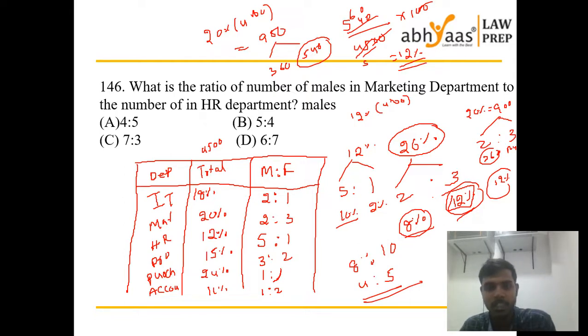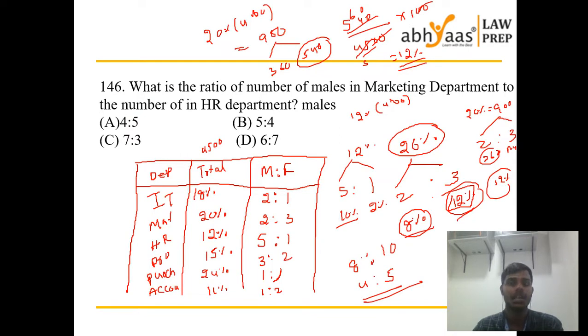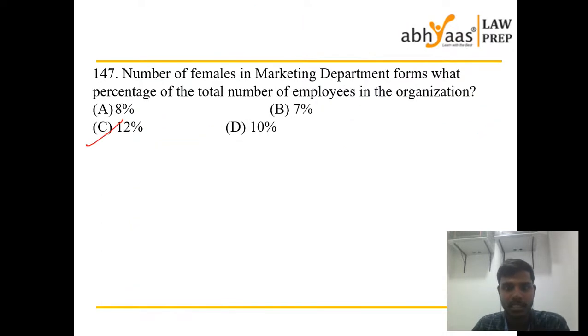Okay. Next, how many females are employed in purchase department. Okay, in purchase department, the total number of employees are 24 percentage. I'm going to take a new fresh table.